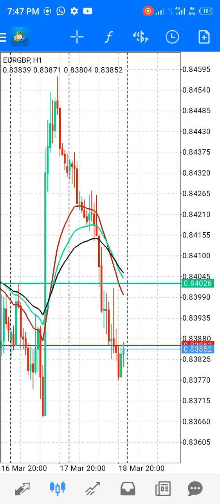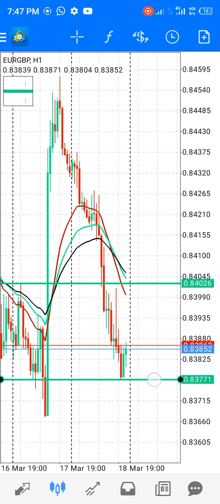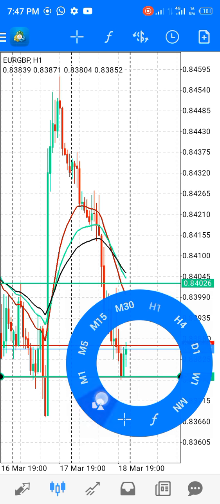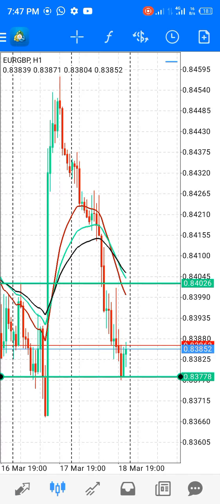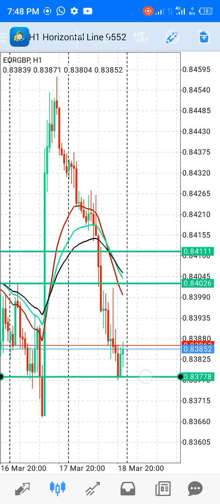You take your sell. Then your take profit will be at this very support, and your stop loss will be above this place. You understand? Take your sell, put your stop loss above, and then take your profits below.